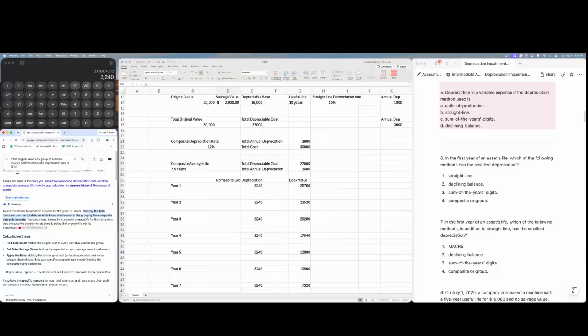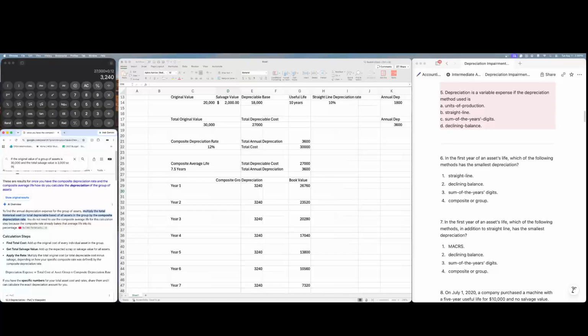On what is the value? Original value of group assets is 30,000, and the total salvage value is 3,000.